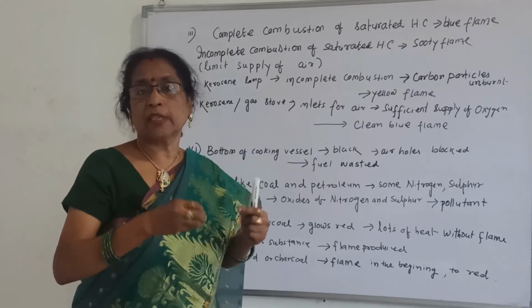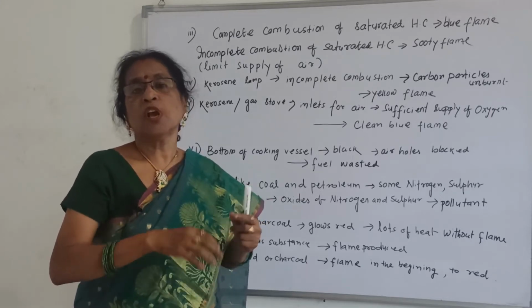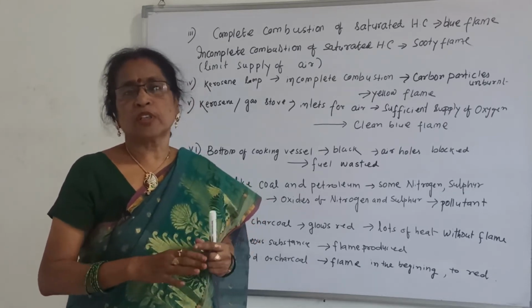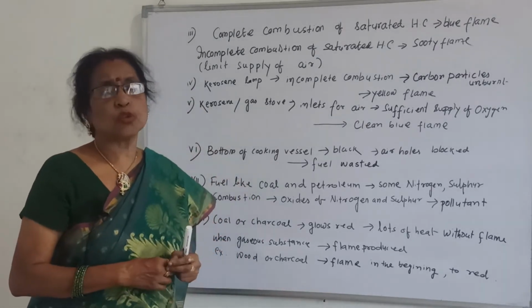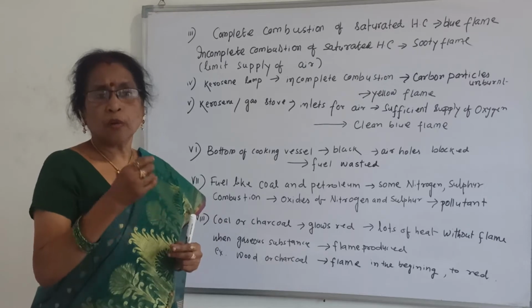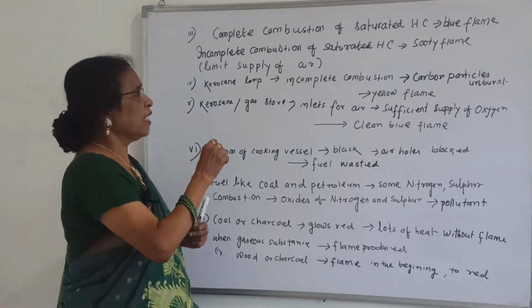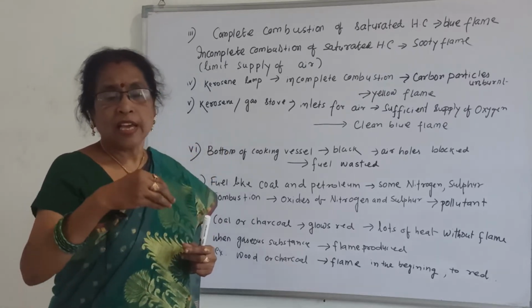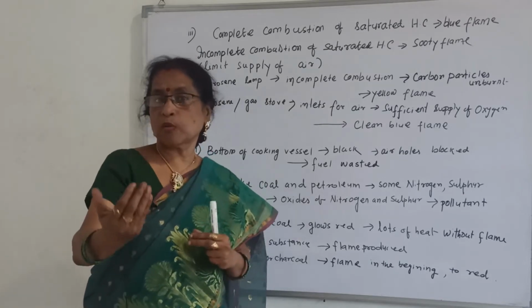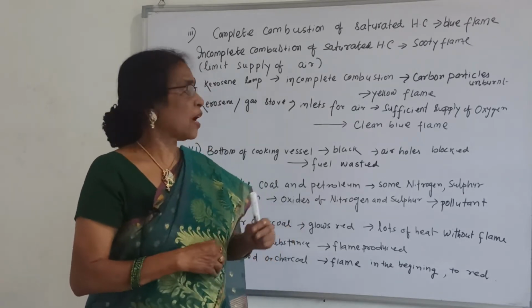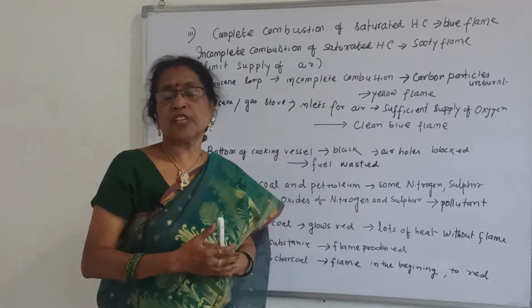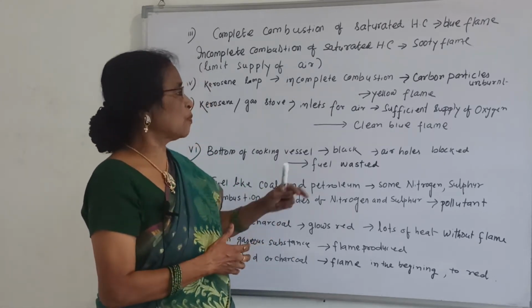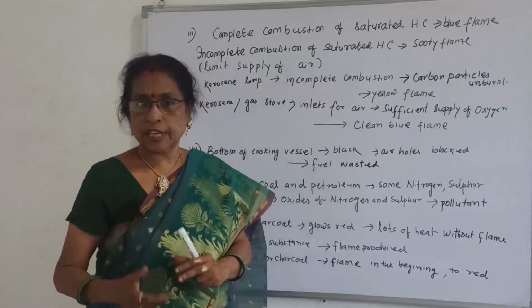The carbon particles in the kerosene are not burned completely. At the same time, if you take a kerosene stove or gas stove, you observe there are many inlet holes for air. Air passes from the outer side to the inside. That is why the inlets for air are present, and here a sufficient supply of oxygen takes place and complete combustion occurs.